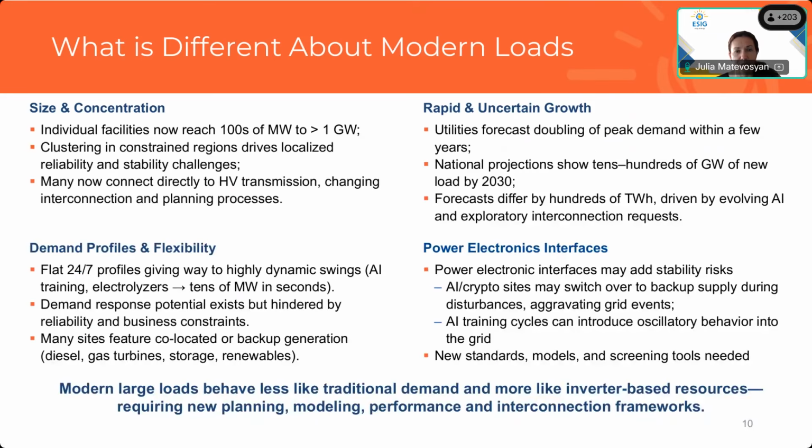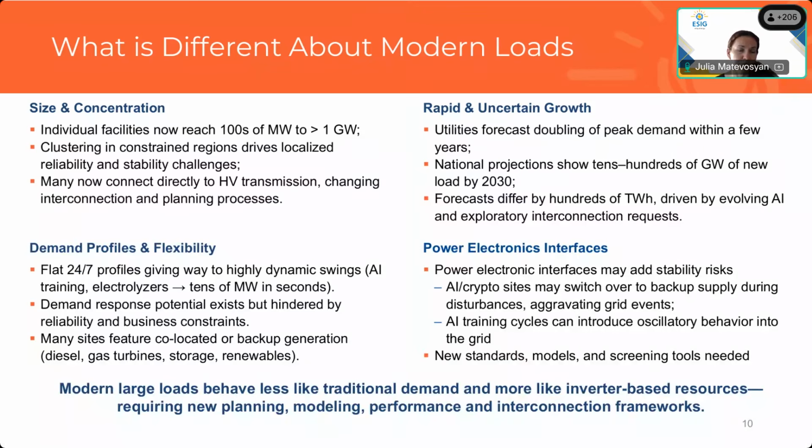So what is different about modern large loads? This, of course, is size and concentration. The individual facilities can now reach from hundreds of megawatts to even gigawatt scale. They tend to cluster in regions, and this is driving localized reliability and stability challenges.